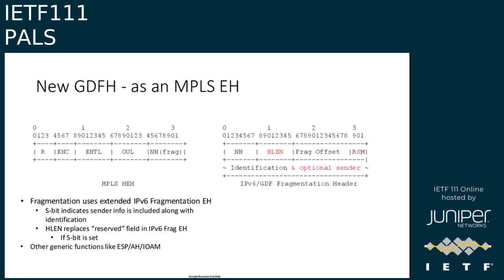So we would need to encode the sender information as part of the identification. To indicate that, we use the S bit to indicate that the sender information is included. And because when you use this fragmentation for different layers the sender information may have different lengths, we now need to encode the header length there.